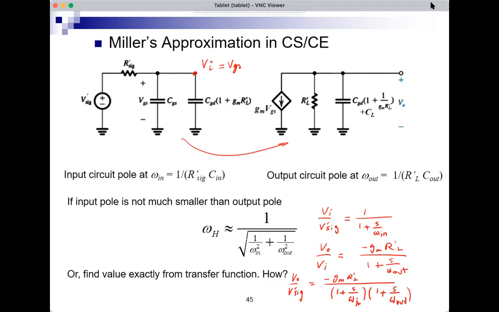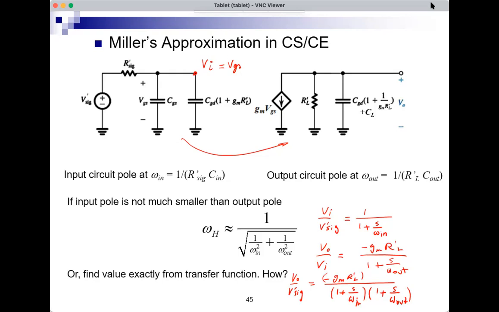So it's AM, the low frequency gain, minus GM R prime L, over 1 plus S over omega n, the pole on the input circuit, into 1 plus S over omega out, the pole of the output circuit. So now this is the transfer function of the whole circuit after applying the Miller's approximation.